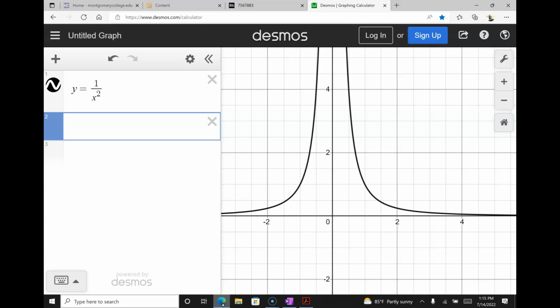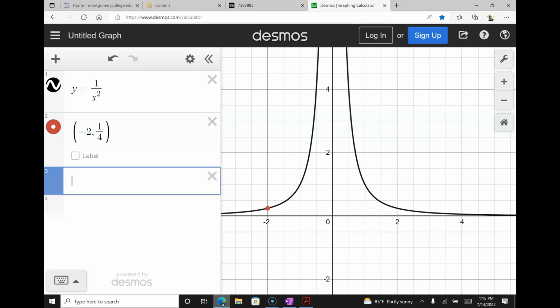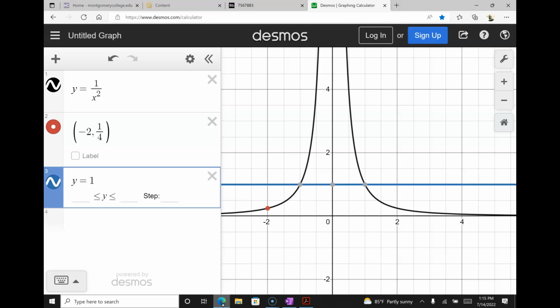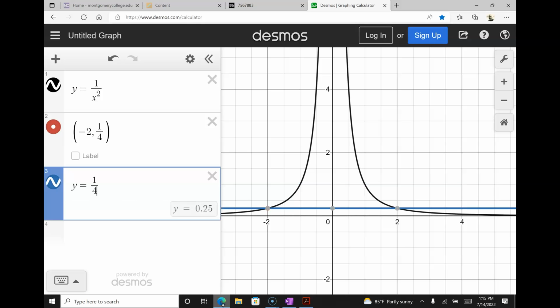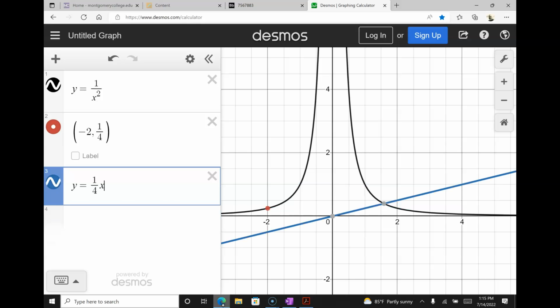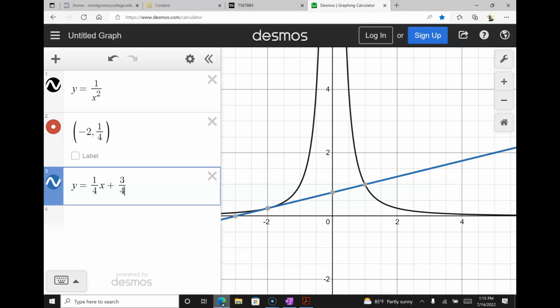I have the point -2, comma, 1/4, yes? And I've got the line y equals 1/4 x plus 3/4.